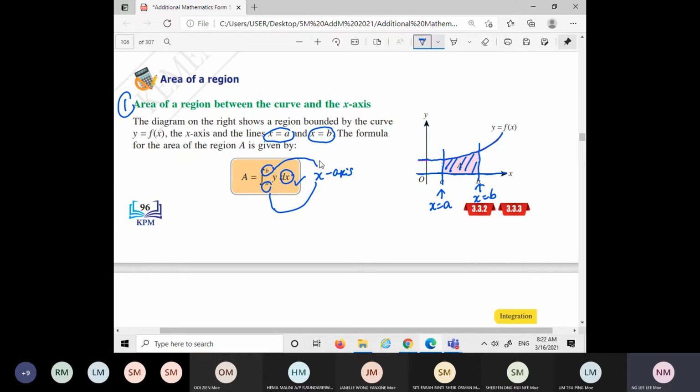Afterwards, when you see the area between the curve and the y-axis, these two points are from the y-axis, and then here is dy. So it will be x dy. This is how you remember the difference between these two.